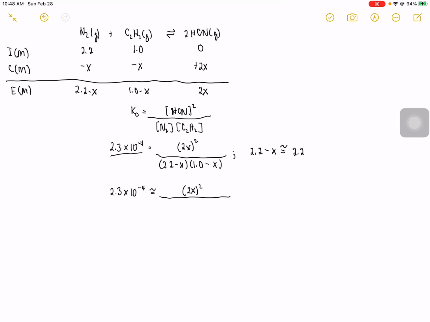For the denominator, the difference is just about equal to 2.2. And for our acetylene, the equilibrium concentration is very, very close to 1, since x is really that small. So simplifying this should give us, for the right hand side, that's 4x squared divided by 2.2.